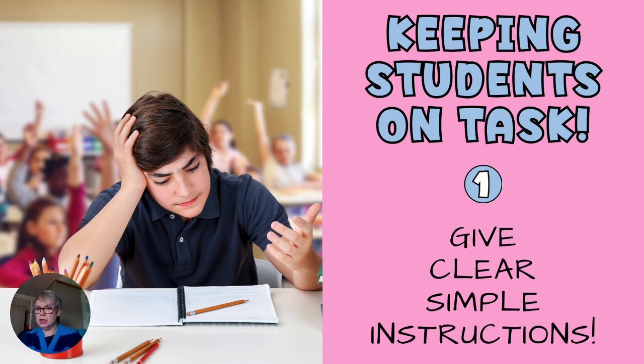Use a visual cue. Write key steps on a mini whiteboard or highlight them in their workbook so they have something to refer back to. Check understanding. Ask one student to repeat back the instructions in their own words before the group starts working. If they're unclear, chances are others are too.